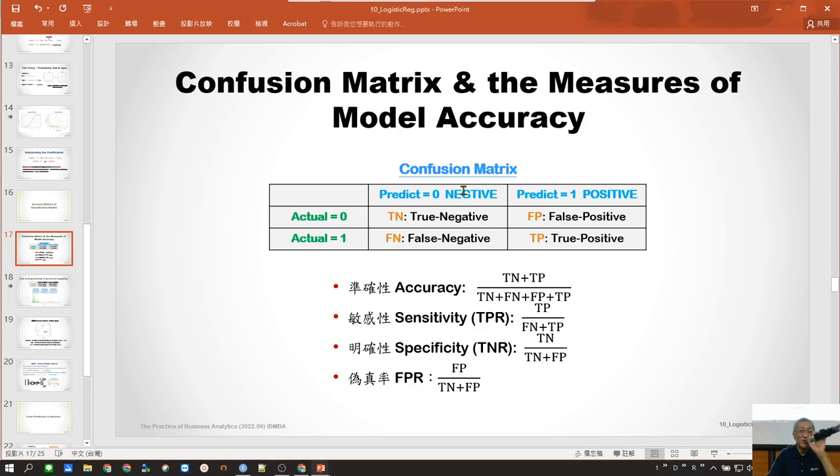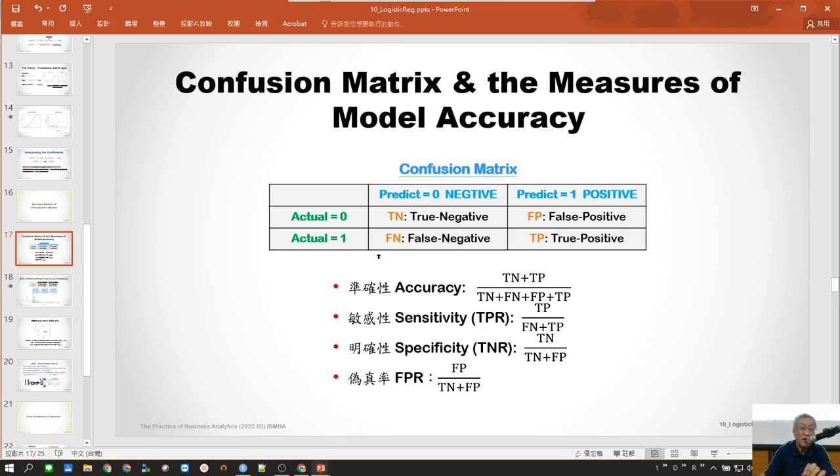So this is the idea of the confusion matrix, okay? Because I have data, and this is the actual value within my data. And according to the prediction, after I apply the cutoff of 0.5, for every point I can predict it as 0 or predict it as 1.